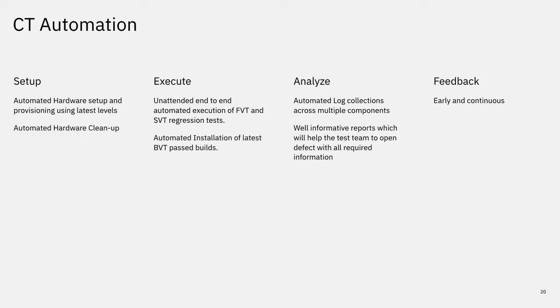Let's now look at some of the best practices in continuous test automation. A couple of things that we've mentioned here: setup, execution, analyzing, and feedback. In the setup, your hardware setup and the provisioning using the latest levels of all underlying software must be automated.